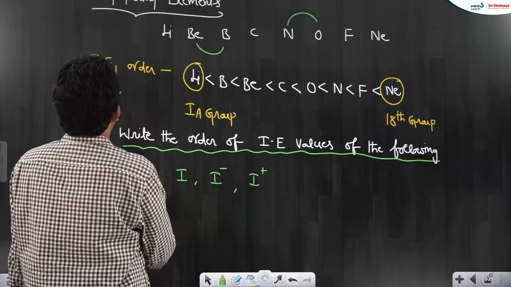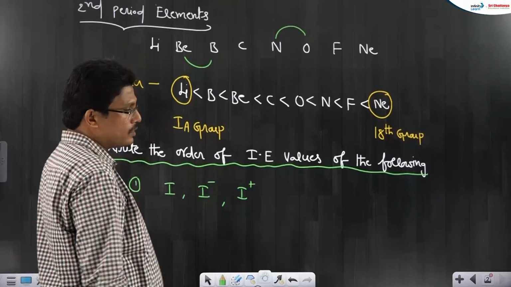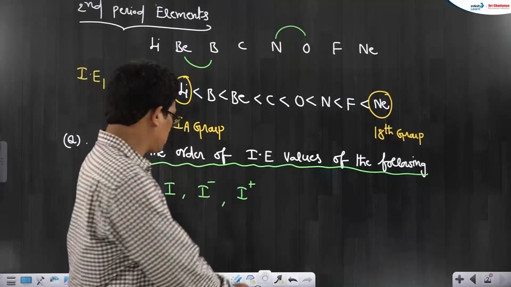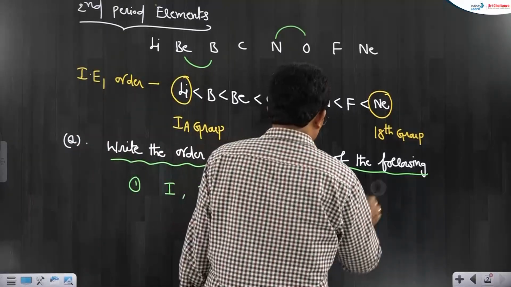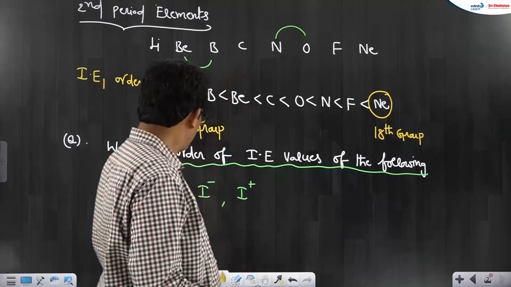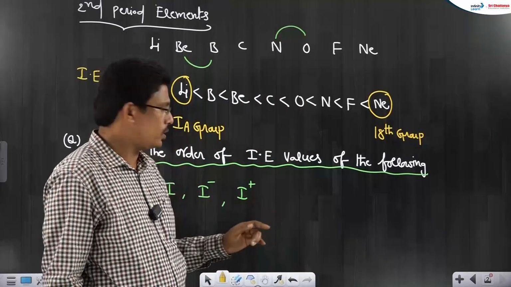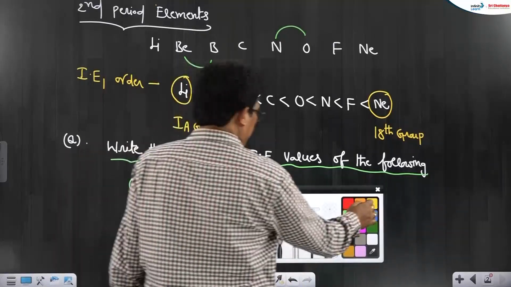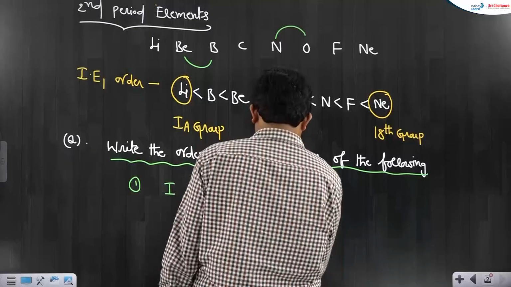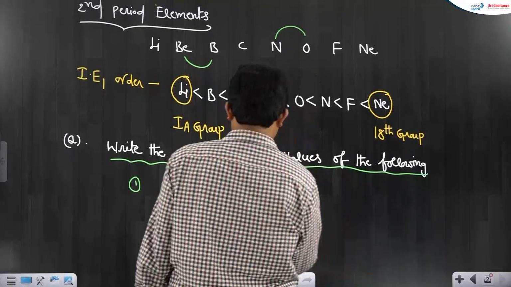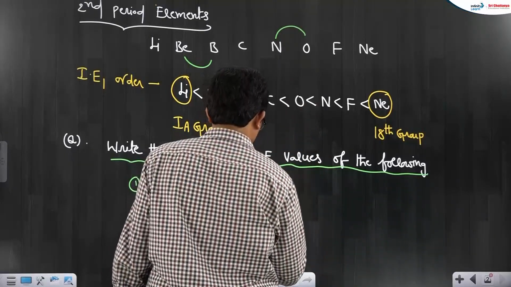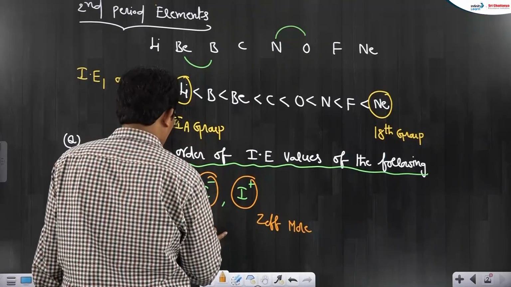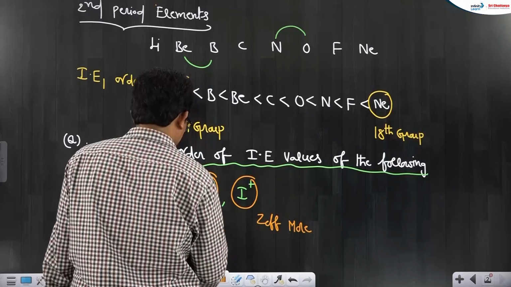The main factor that influences ionization energy values is effective nuclear charge, okay, and also atomic radii. If you observe either radii or effective nuclear charge, Z effective value is more for cation, Z effective value is less for anion.